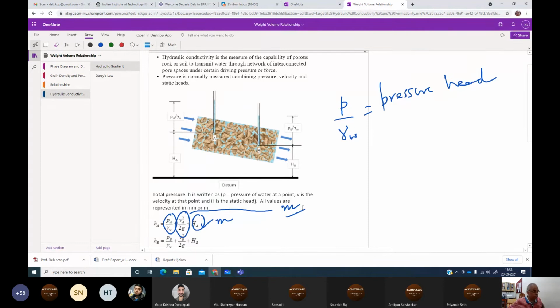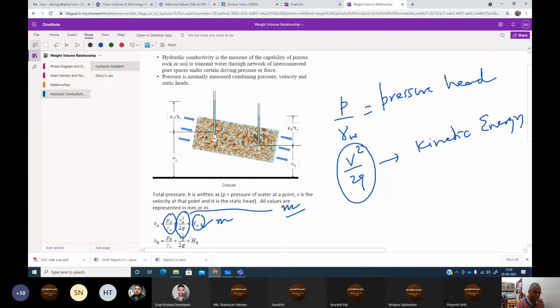Now the pressure head and velocity head v square by 2g. You are seeing this formulation. This is coming from kinetic energy. I'm not getting into that.